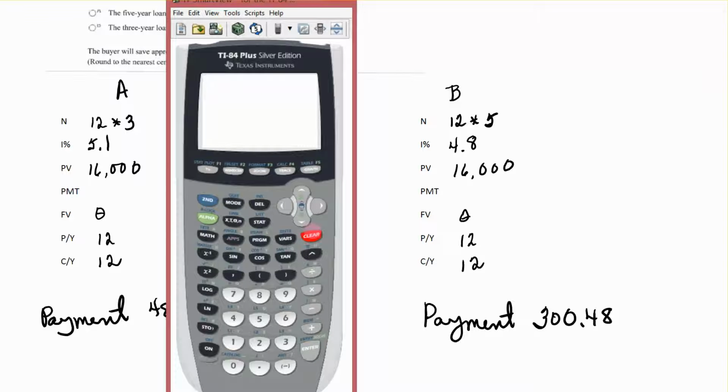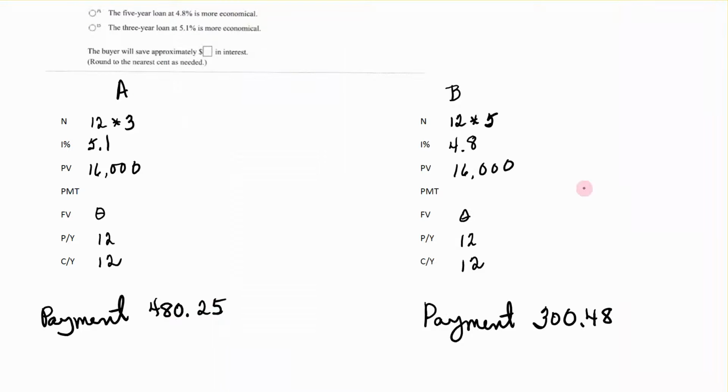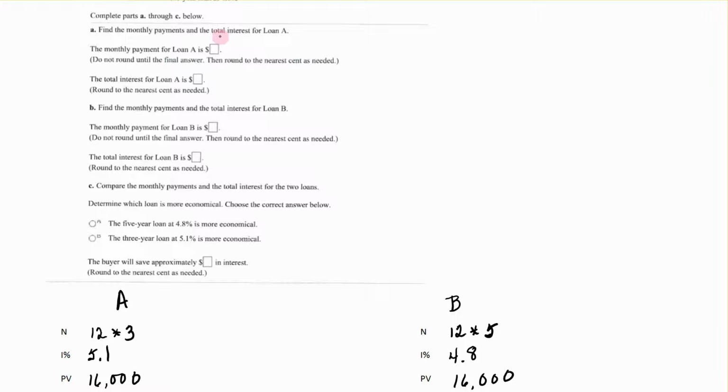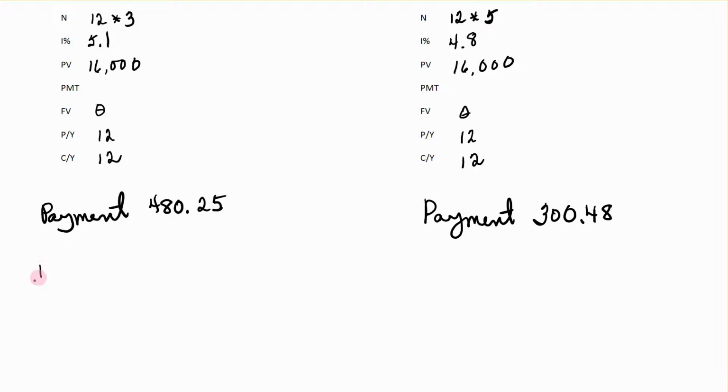All right, the next thing I need to do is figure out, I believe, although maybe I'm doing this out of order. Go back. So I have an answer to this one, and I have an answer to this one, and I need to get the interest on each one of them. Okay, how do I get interest? The interest is your total payments minus your present value.